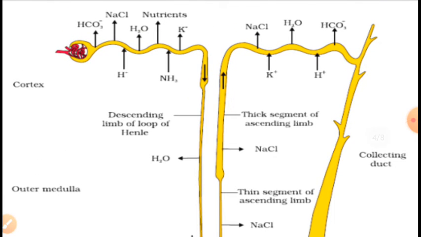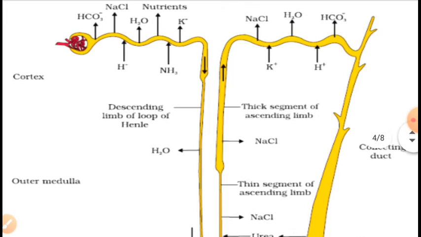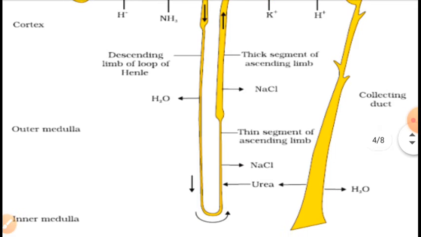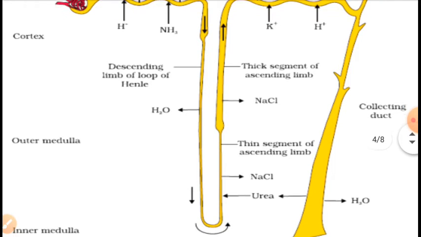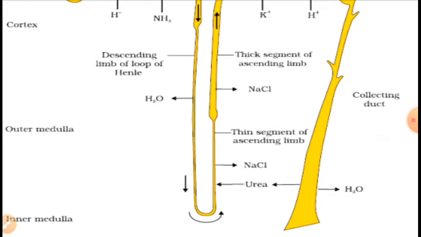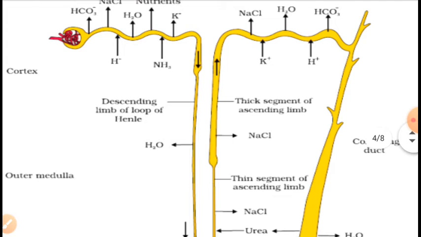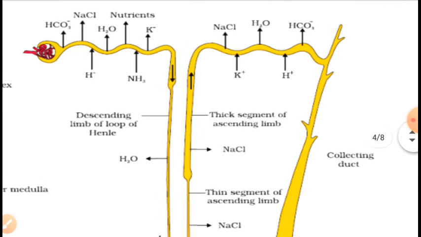You can see here some ions, mineral ions, substances which are filtered or reabsorbed by parts of this nephron, and at the end of the entire mechanism, where this process is over, this fluid is collected by the collecting tubule.